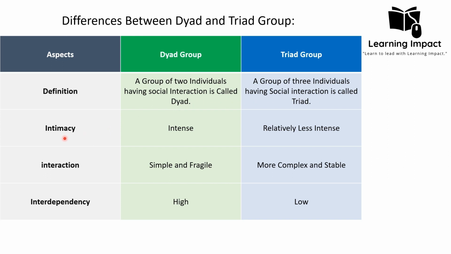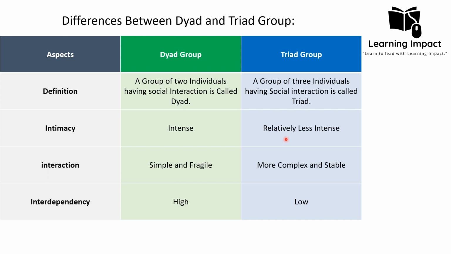For example, the other aspect which differentiates dyad and triad group is the intimacy. In case of the dyad group, the privacy and intimacy is more intense as compared to the triad, which has relatively less intimacy. For example, as we take example of couple, which has only two members, so their relationship is more private as compared to the triad. For example, there is a family who is couple and one child.